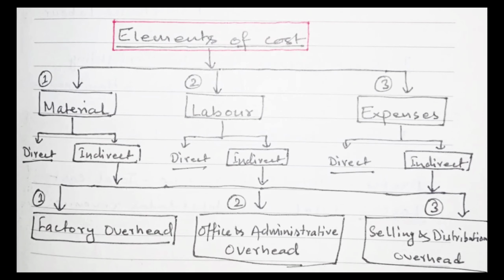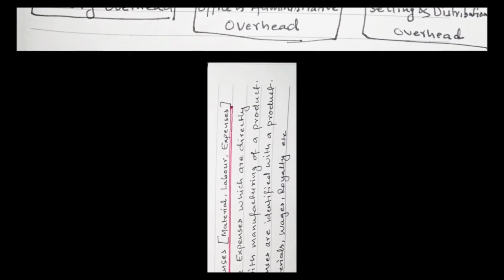Factory overhead means those expenses which are related to all the factory expenses, and office and administrative overhead relates to all the expenses related to the office and operation of the office, as well as administration. Similarly, selling and distribution overhead includes all those expenses which are incurred for selling a product finally to the consumer.